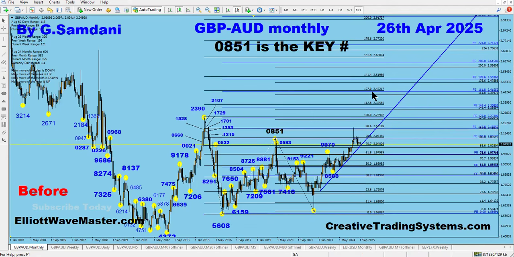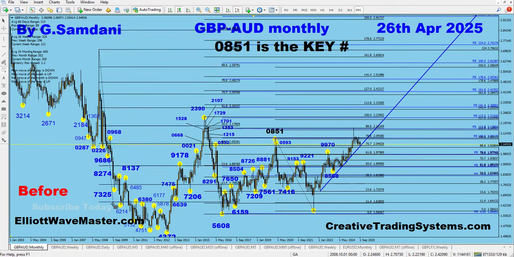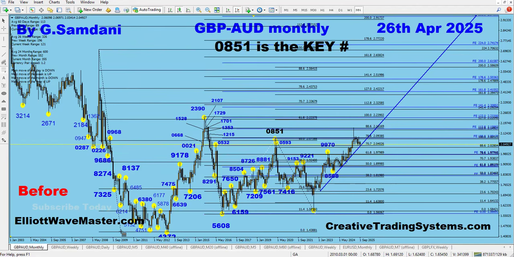If you draw the fib from here to here, not all the way from the top, you can see that 161, 161, 127 is also coming very close to the 78% of this whole drop.